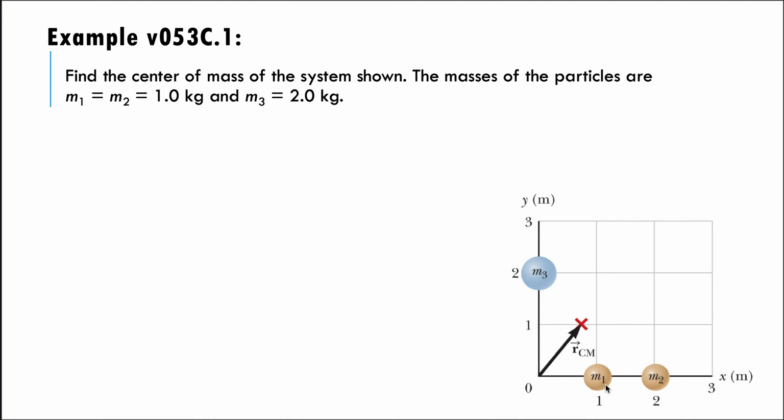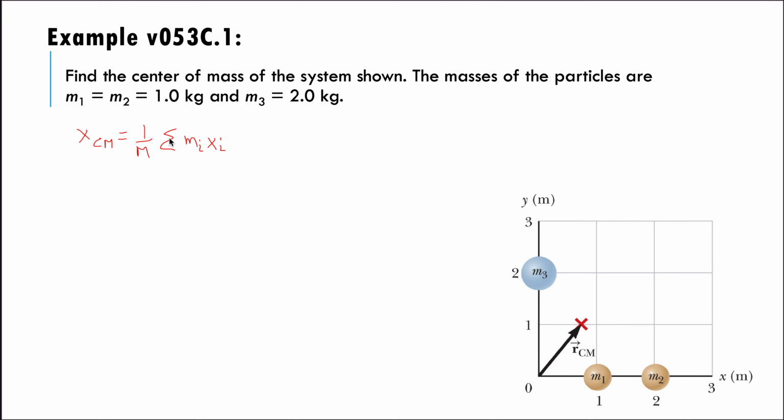Whenever we have masses like this, we treat them as particles, and we use our definition of center of mass for particles. It's easier to look at the x and y coordinates separately and then put them together to find our position vector. So let's find the x coordinate of the center of mass using our definition: 1 over M times the summation of all of the m's times their x's.